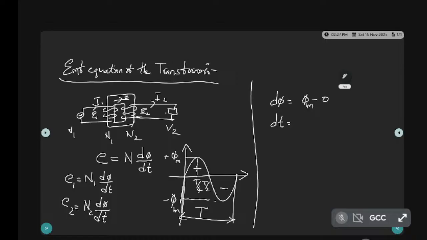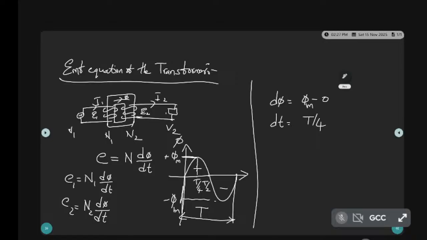So the difference of flux is nothing but φm, and the difference of time in order to achieve that φm is dt. φm is reached in T by 4 time, so dt is nothing but T by 4. On the y axis φ, on the x axis time.